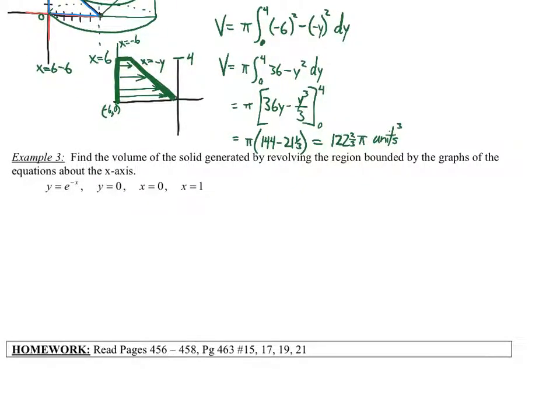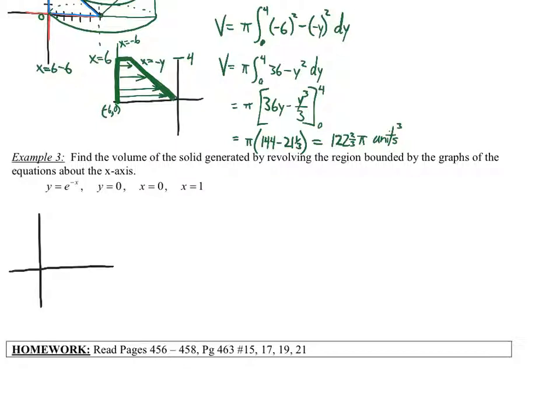Using an exponential. Here we have an exponential decay function. We're going to revolve this around the x-axis. So let's sketch it first. You all know what the exponential decay function looks like.